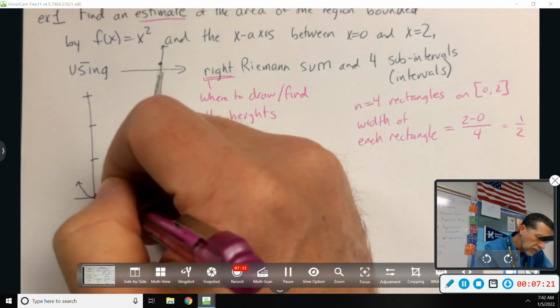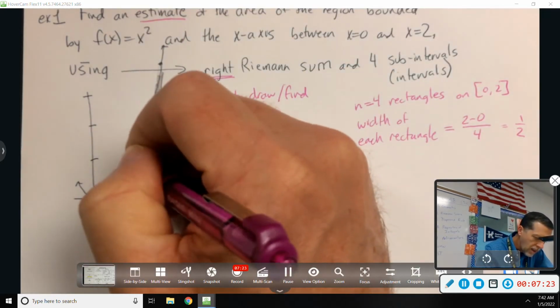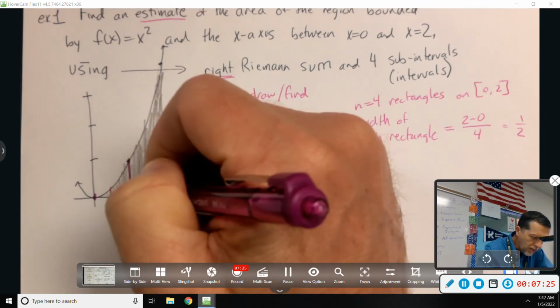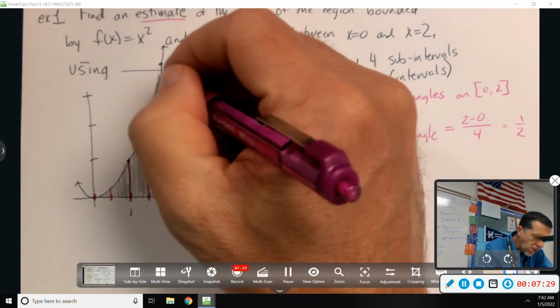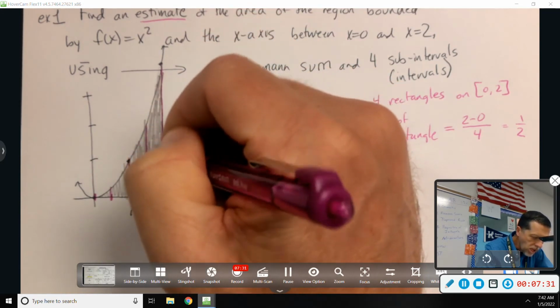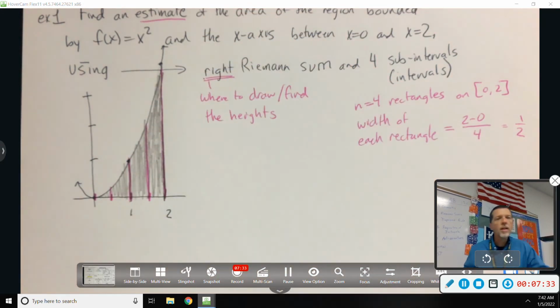I'm going to draw in my widths here, but those aren't rectangles right now. Just got it divided into 4 spots. And so you've got options here. You can draw a rectangle from the right. You could draw a rectangle from the left. And tomorrow we'll even draw a rectangle in the middle.